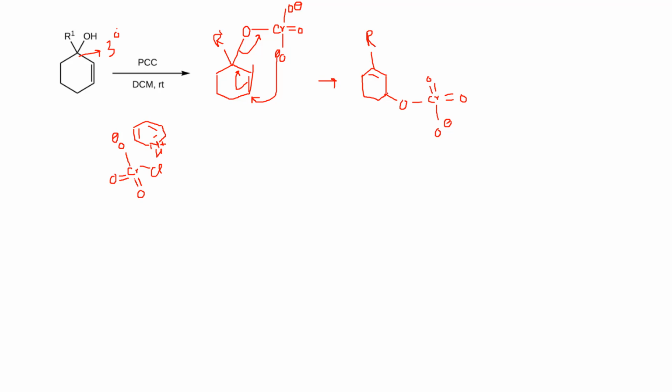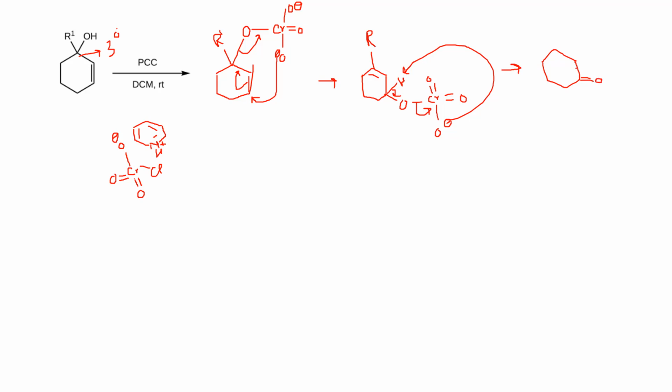Then again it goes through oxidation. This is our product. So why is this chromate ester rearrangement happening?